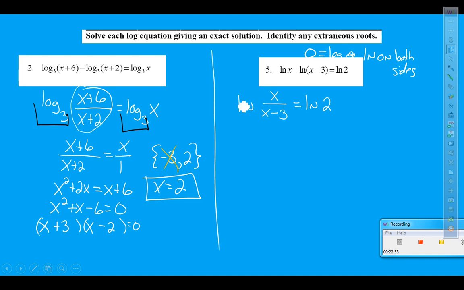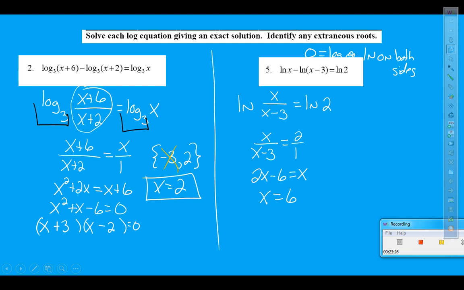Well, don't worry about these natural logs, because if you can make this argument equal to this argument, we've got it. So I'm going to go x over (x minus 3) equal 2 over 1. I'm going to cross multiply. So I've got 2x minus 6 equal x. I'm going to subtract x over here and get x. I'm going to add 6 over there to get 6.